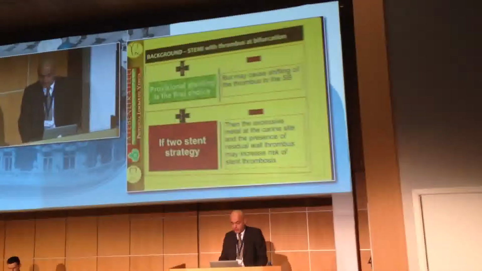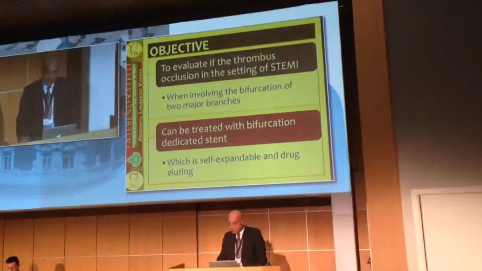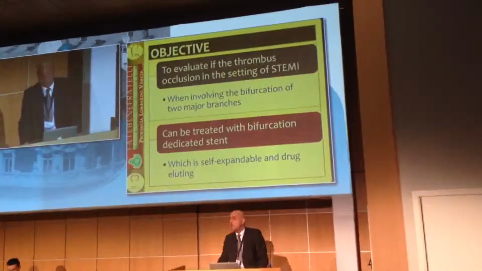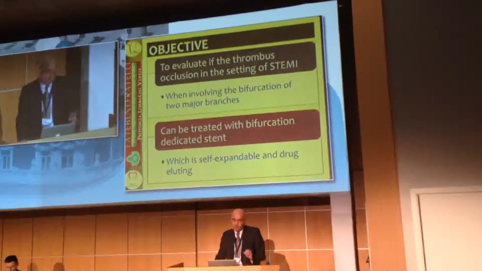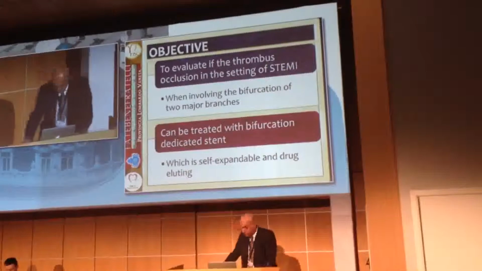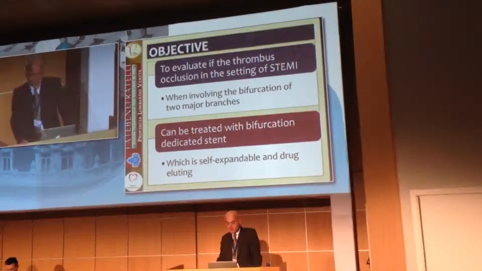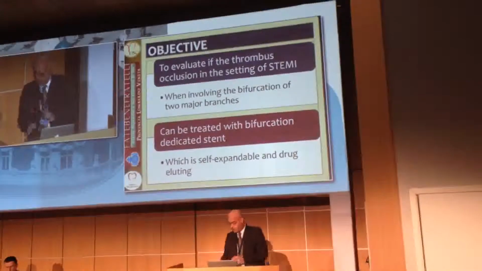So the objective, in this small number of patients, is to evaluate whether thrombotic occlusion involving a major bifurcation can be treated with the bifurcation dedicated stent, which is self-expandable and drug-eluting.